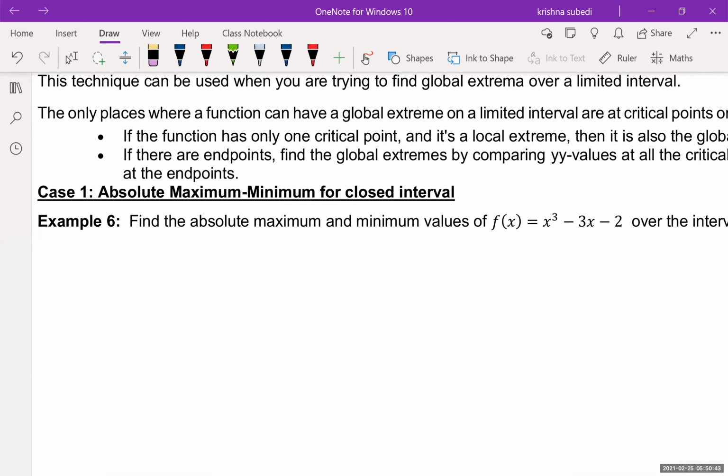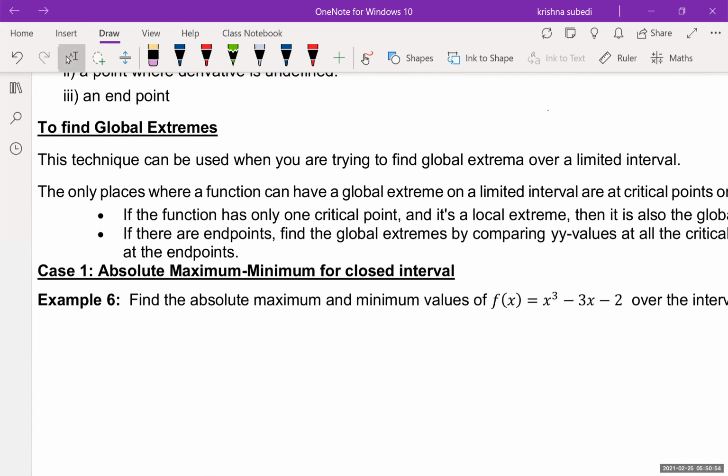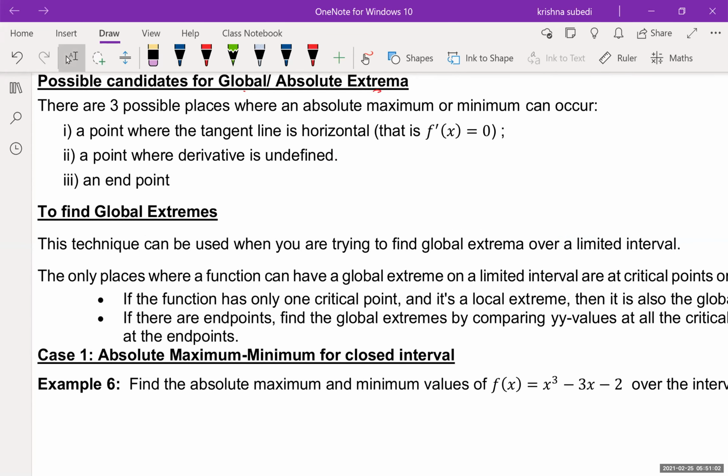And even if you draw the graph, finding the exact, accurate value is not easy, right? So we'll learn some techniques to find the global minimum and maximum, even if we are given the function.